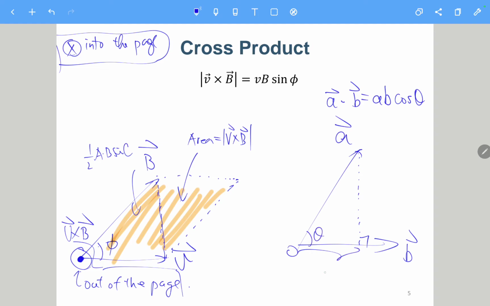This part will be A times cosine of theta. Then we multiply by the magnitude of B, so it becomes A times B times cosine of theta.